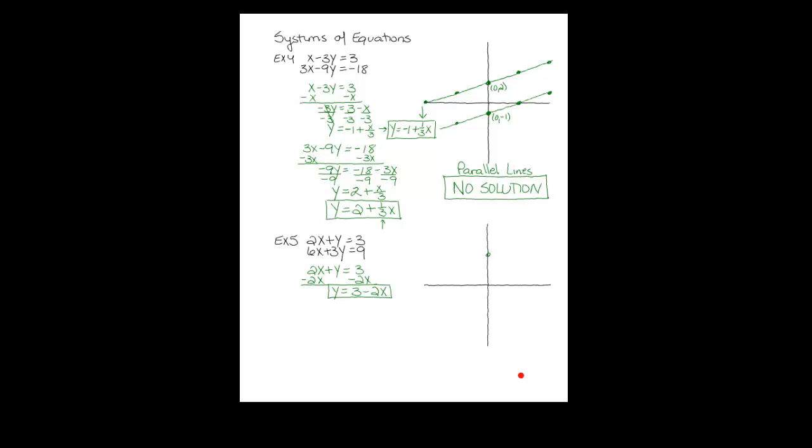The vertical intercept is 0, 3, and the slope is negative 2. So negative 2 over 1, that means we go down 2 and right 1. So down 2, right 1, repeating, and we can also go up 2 and left 1.